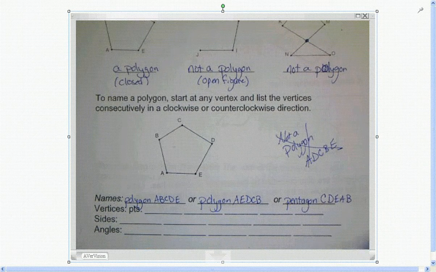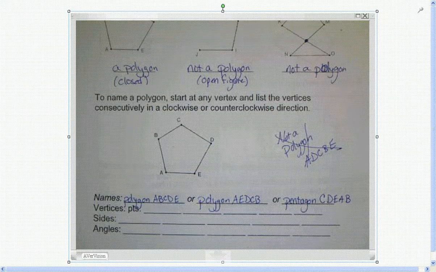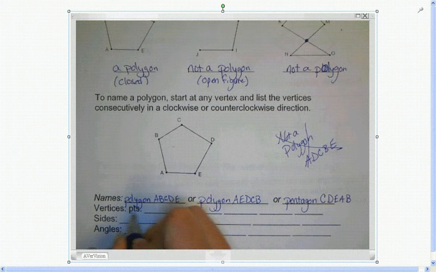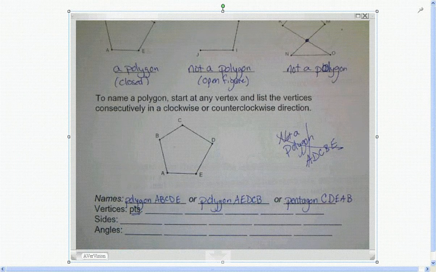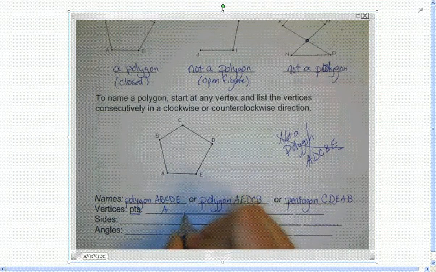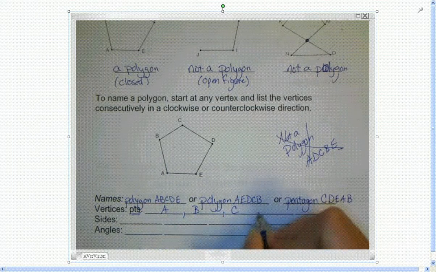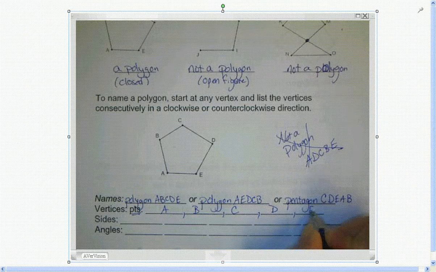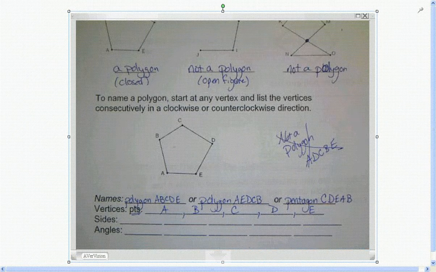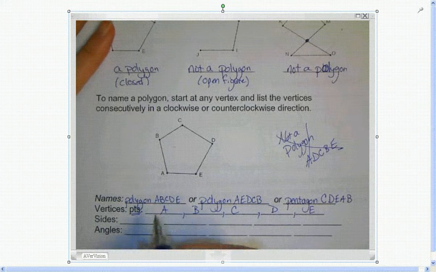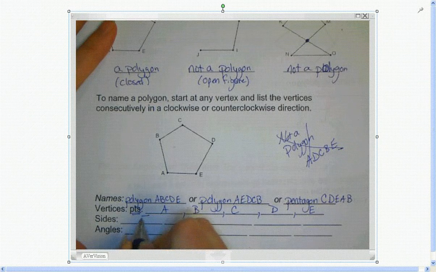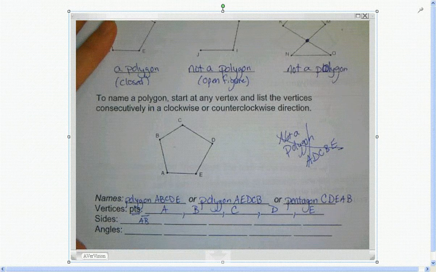Now, we're also supposed to name the vertices, and the vertices are the endpoints of the line segments. And it is points, so make sure you use capital letters. And we go A, comma, B, comma, C, comma, D, comma, E. Sides are line segments, so you have to use the correct notation with sides too. So I'm going to start with A, and I'm going to go around using the endpoints.